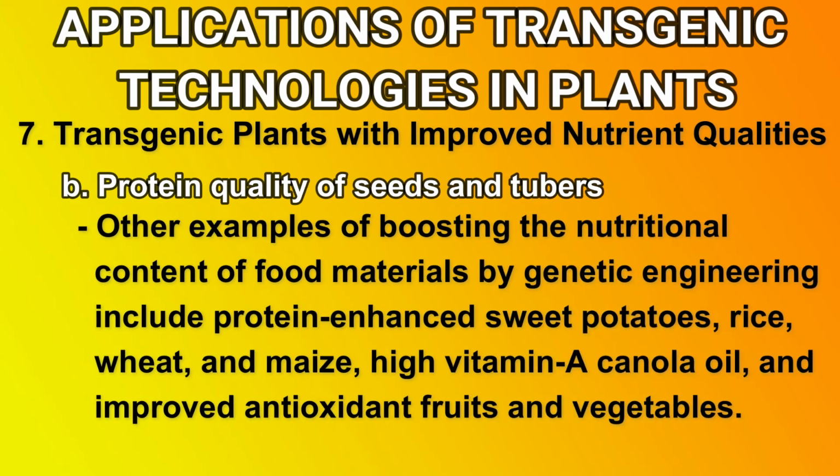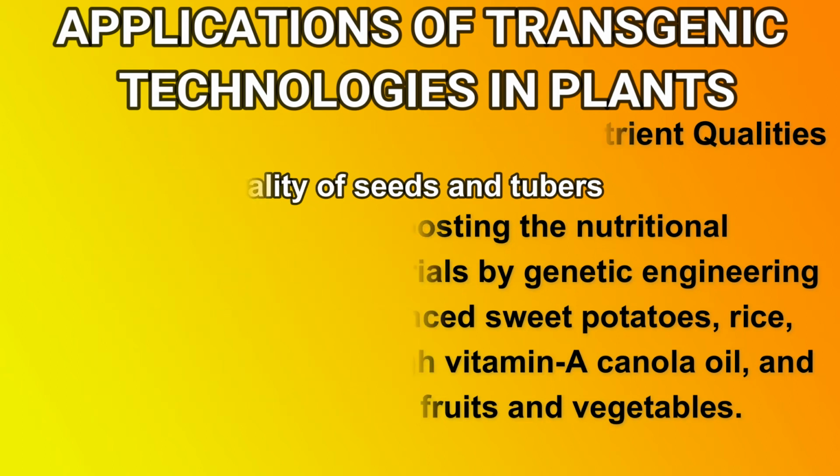Other examples of boosting the nutritional content of food materials by genetic engineering include protein-enhanced sweet potatoes, rice, wheat, and maize, high vitamin A canola oil, and improved antioxidant fruits and vegetables.